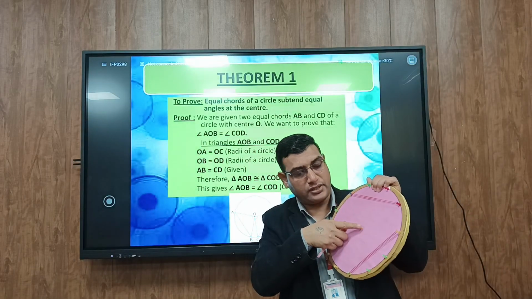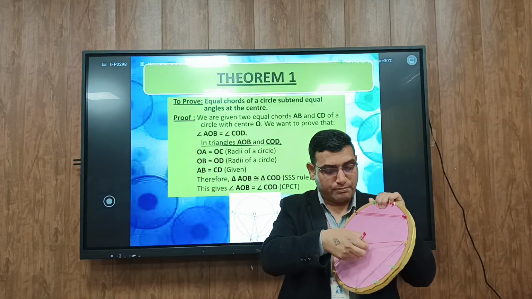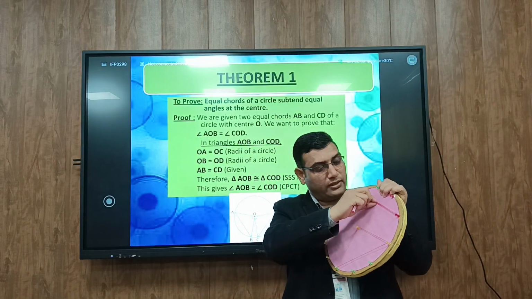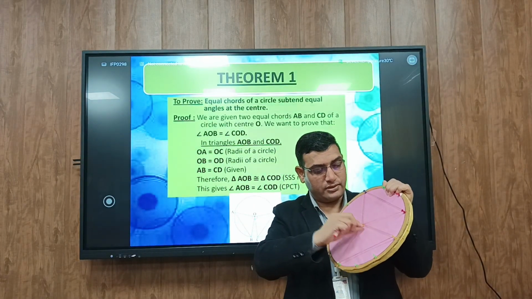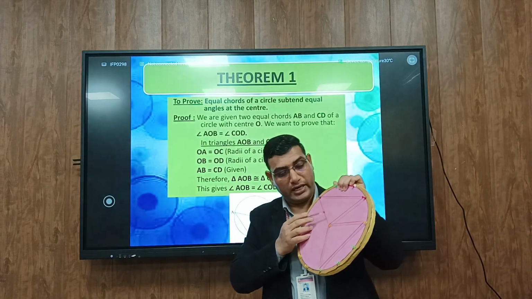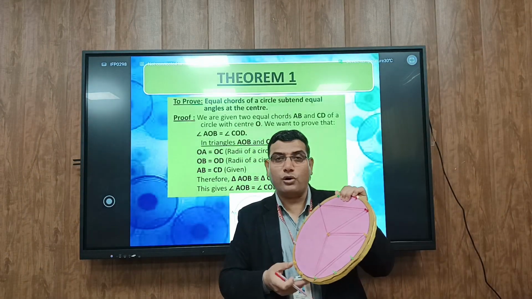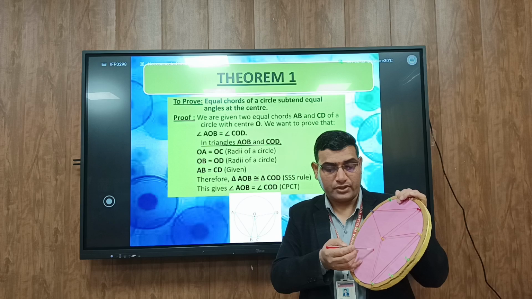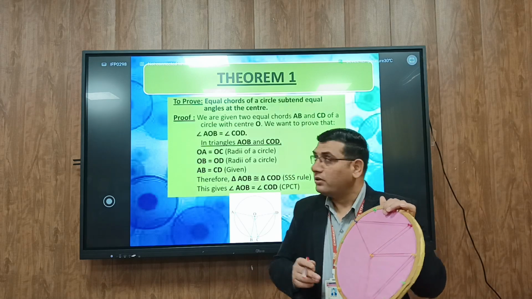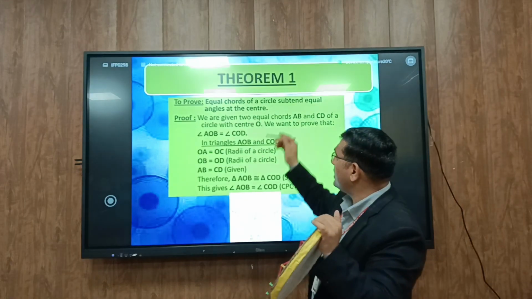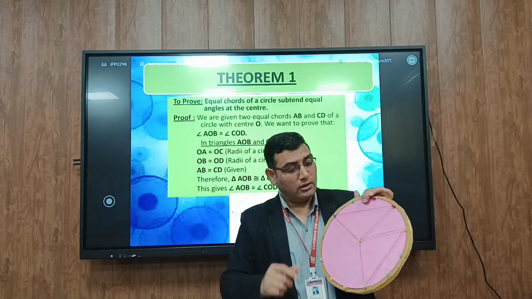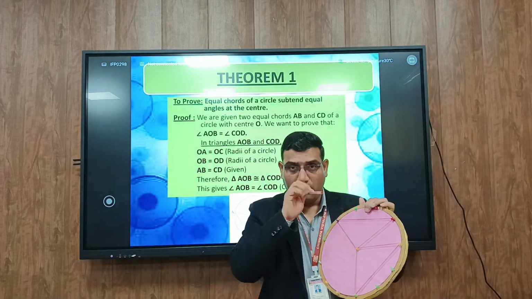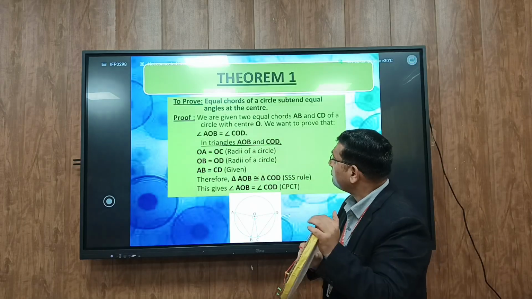And where is the center? This is the center. Now this chord makes an angle, this one, and another chord also subtends an angle at the center. Now we have to prove that these angles are equal, meaning equal chords subtend equal angles at the center.